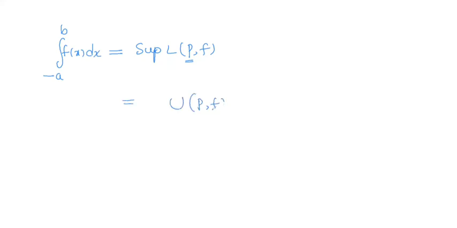Now vary the partition and calculate the supremum of all lower Riemann sums. For each partition P, calculate LPF and take the supremum of all such LPFs, and define it to be the lower Riemann integral of f over the closed interval a comma b. And after calculating the upper Riemann sum for each partition, take the infimum of all those upper Riemann sums, and we define it to be the upper Riemann integral of f over the closed interval a comma b.